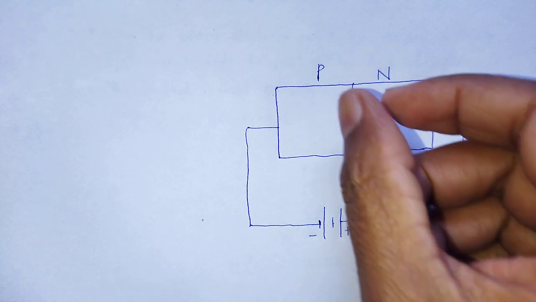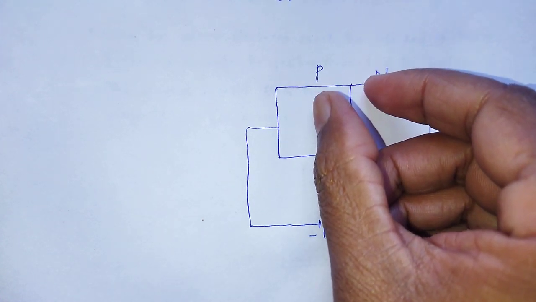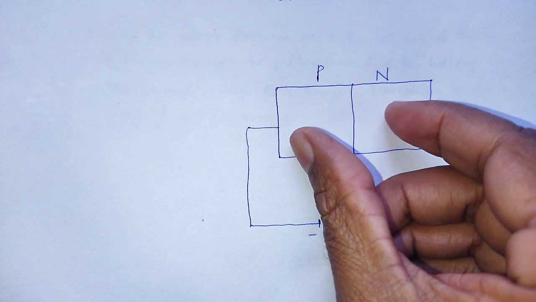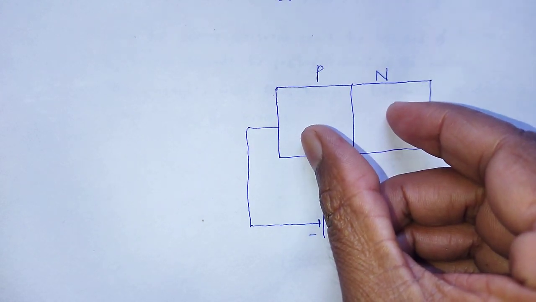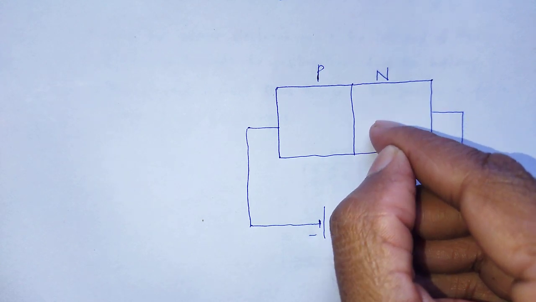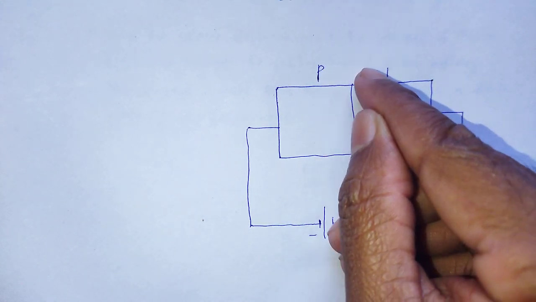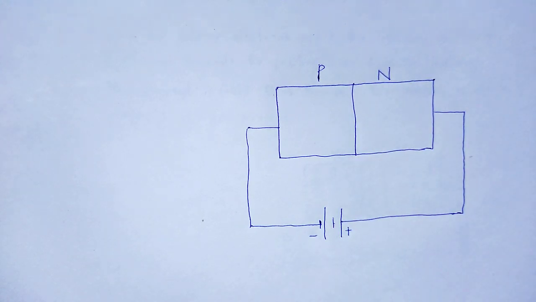As a result, the depletion layer thickness gradually increases as there will be the development of barrier potential.